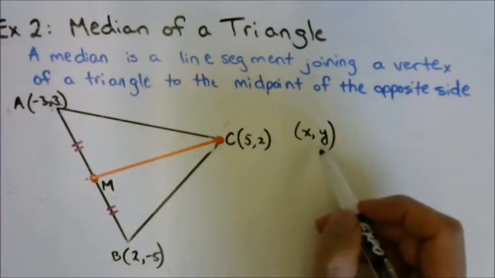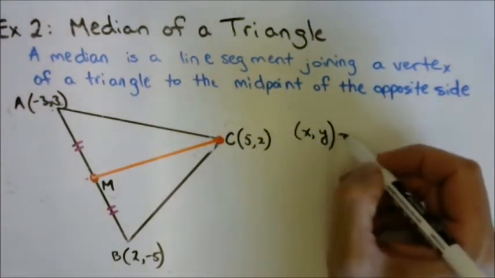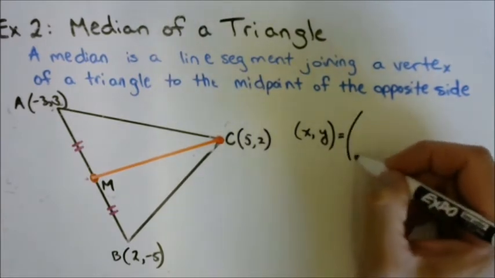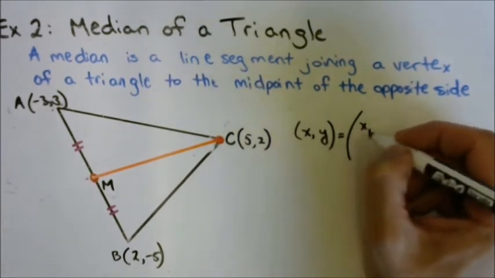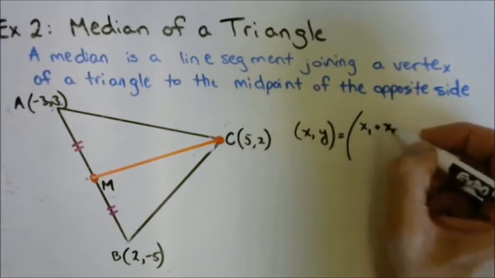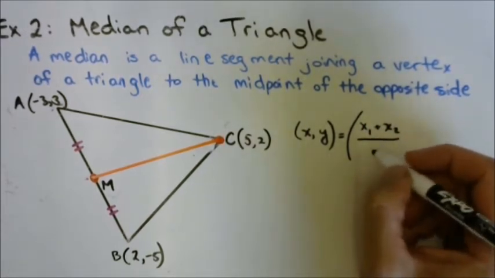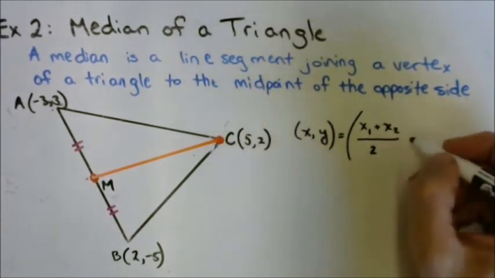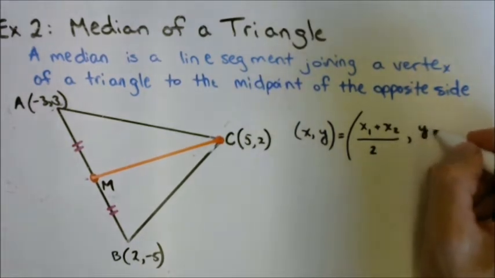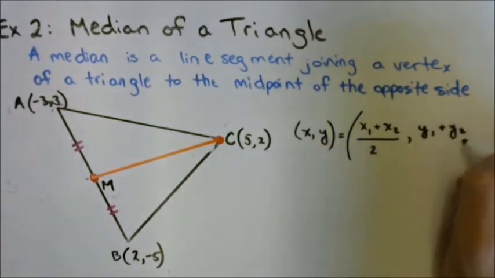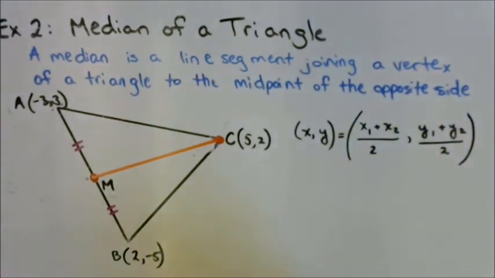I know that it's going to have the coordinates x, y. And from our previous example, I even know how to find those coordinates. It's going to be the mean of my two x coordinates, x1 plus x2 over 2, and the mean of my two y coordinates, that's y1 plus y2 over 2.